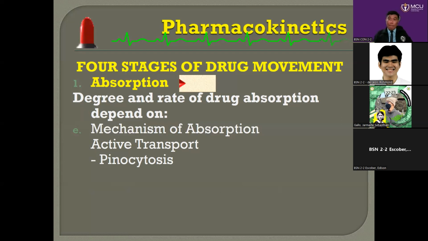So for example, if the drug is indicated to the abdominal organs, we have the peritoneal cavity with the peritoneal fluid. The fluid is the one that transports this drug to the indicated organ. If it is for the brain, we have the cerebrospinal fluid, the fluid that will carry this drug to its indicated cell for action.